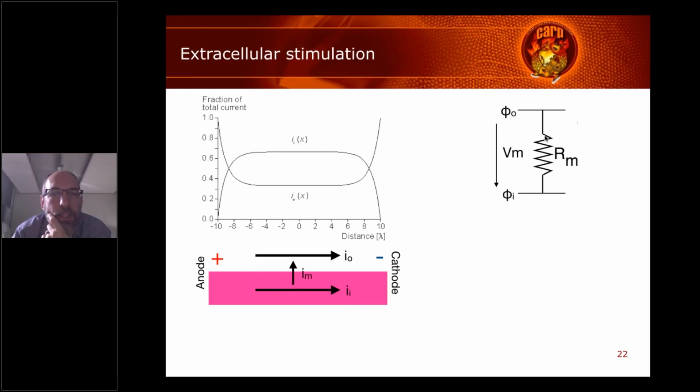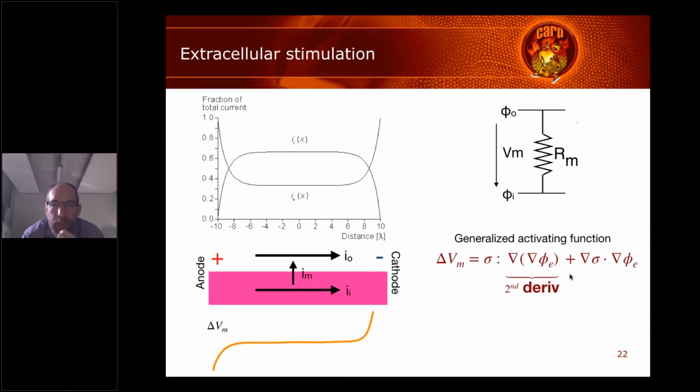So when you subtract, you get a negative voltage change under the anode. In the middle, not much voltage change, but then under the cathode, you get a depolarizing change. So you're going to get stimulation under the cathode. Under the anode, you're going to get hyperpolarization.